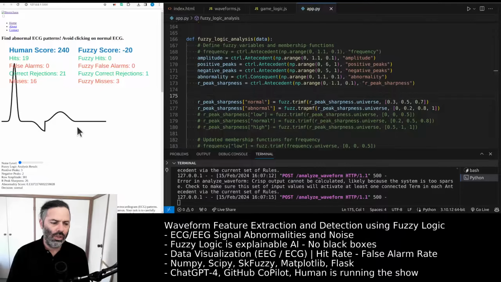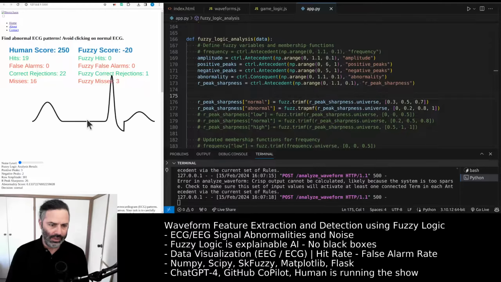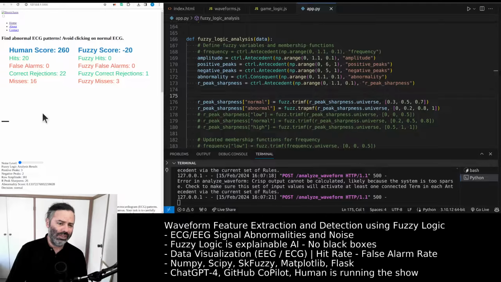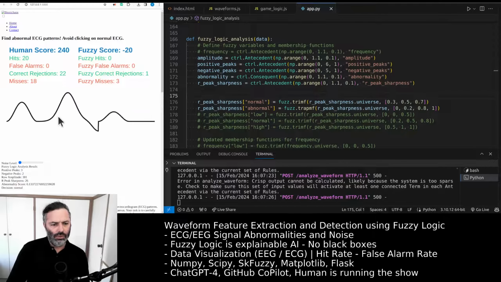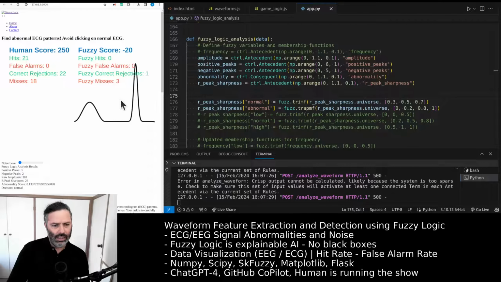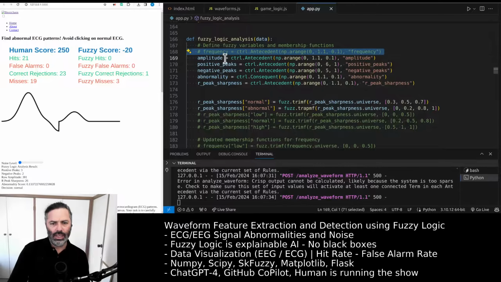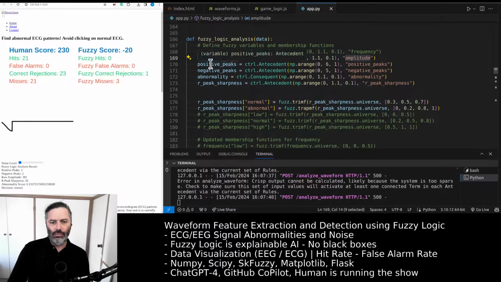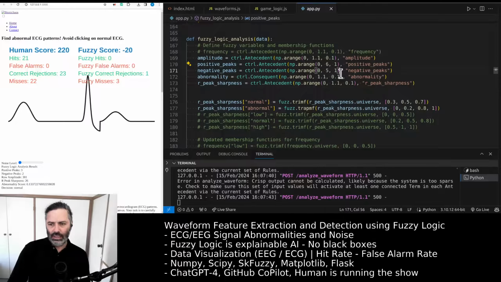So there's no frequency, so there's no, for example, R to R distance for continuous waveforms. We're looking at each QRS complex individually. So frequency didn't make sense. We are still looking at amplitude, but we give it a low priority, mainly looking at positive and negative peaks.